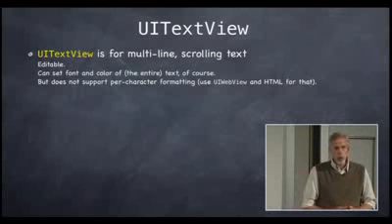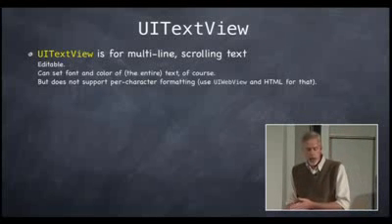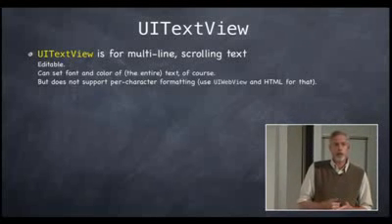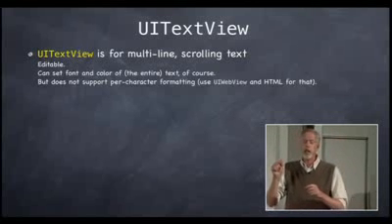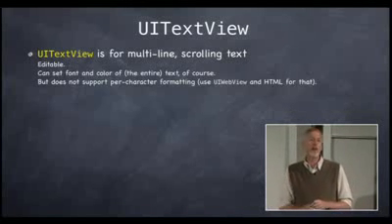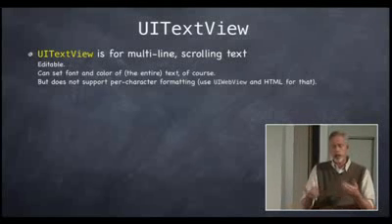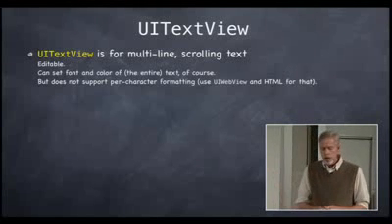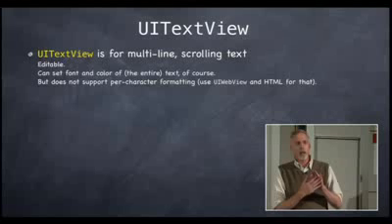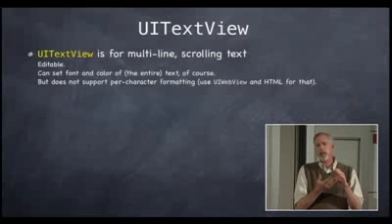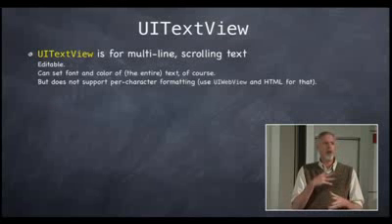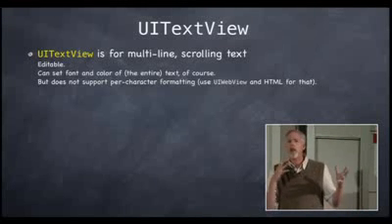UITextView, as opposed to UITextField, is for multi-line scrolling text. Okay, so a text field is kind of for one-liners. You're going to hit return or Go or Google or whatever, and you're going to get the text from the delegate and go. UITextView is where you've got a whole bunch of text, like a document sort of, but this is not like UIWebView where you can have multiple fonts and images and all that stuff in there.